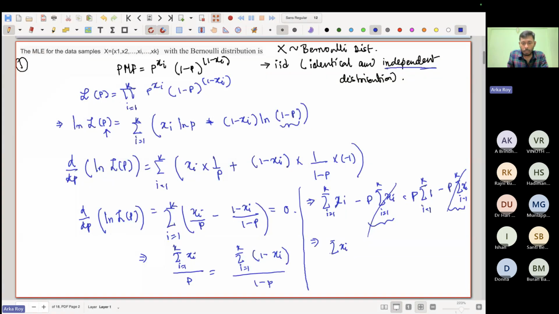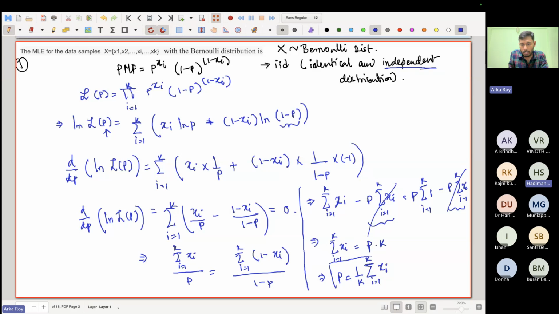So this would give me the summation i equals 1 to k of xi, and then p, and this summation will run from i equals 1 to k. So this is basically k times the addition of 1. So it would give me p multiplied with k. Therefore, I can write p as being estimated as 1 upon k times the summation of xi, i equals 1 to k.